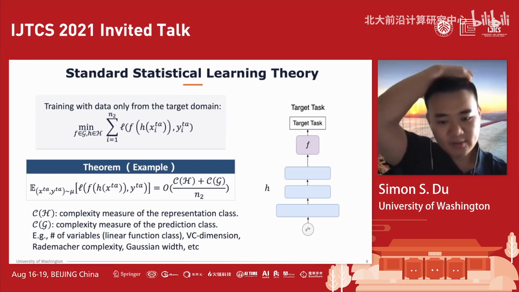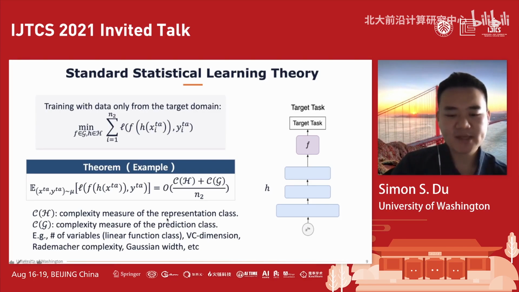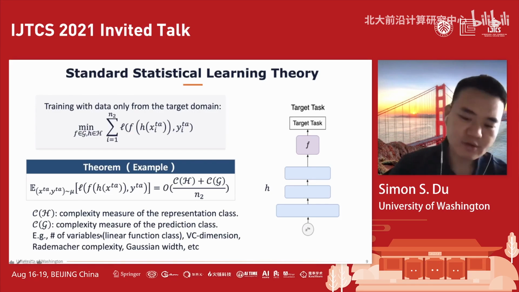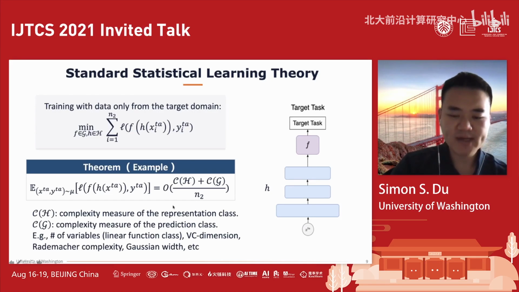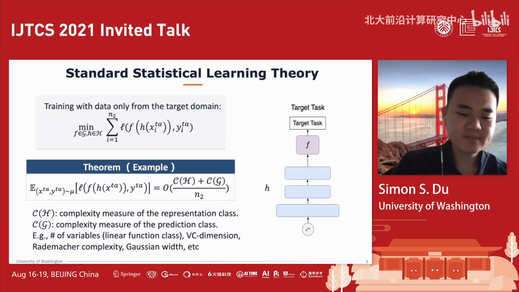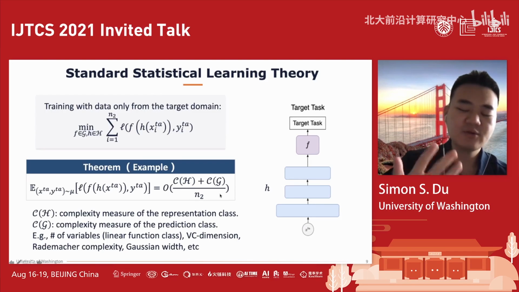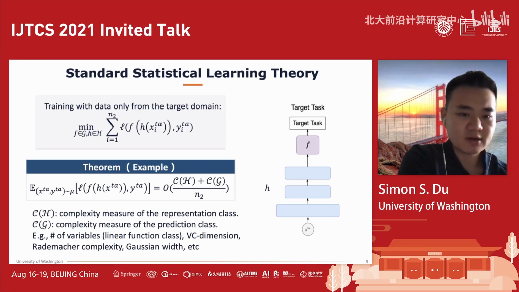Let me explain these terms. CH and CG are complexity measures of the representation class and the predictor class. You can use, for example, the number of parameters, or more generally VC dimension, to characterize the complexity of the different function classes. We can also use Rademacher complexity or Gaussian width as a complexity measure. So this is what you can get using only the data from the target domain.